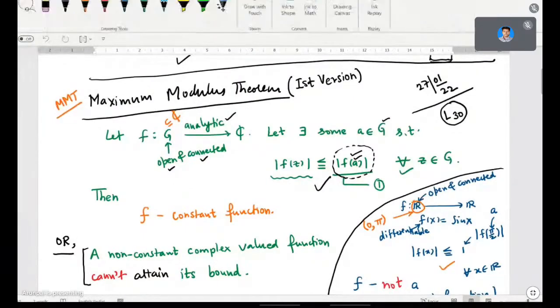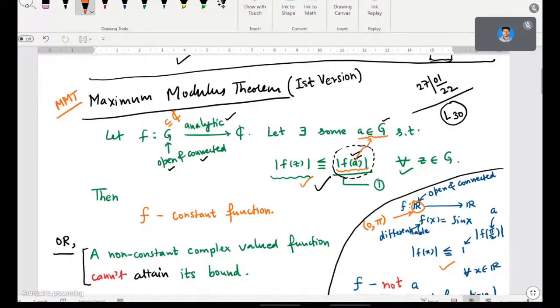Condition 1 means that the function is attaining its bound, and the bound is this. And moreover, this point A at which the function was attaining its bound, this point A was inside G.